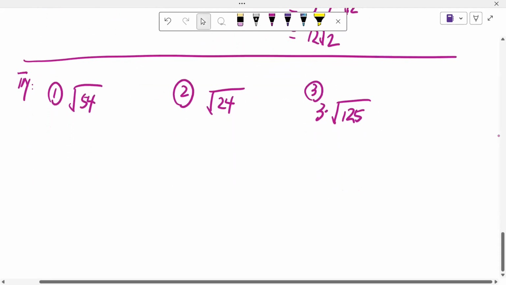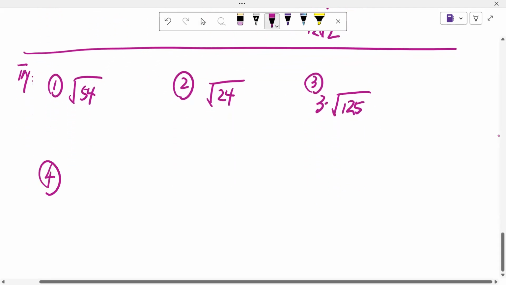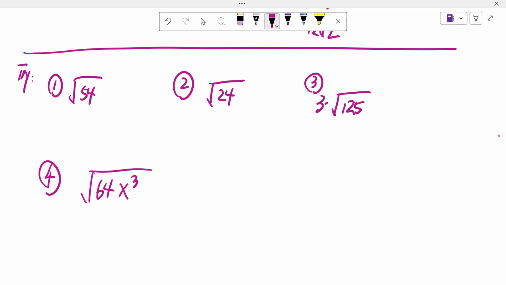And the fourth one, the square root of 64 x cubed. Let's give it a shot.